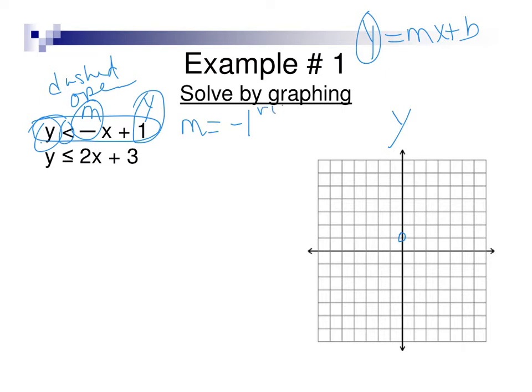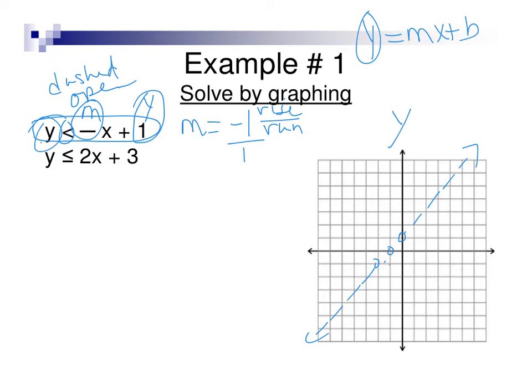And I need my rise over my run, so I'm going to put it over 1, because negative 1 over 1 is negative 1. So what that means is I fall down 1 and I go over 1. So this is basically a sketch of what my line looks like, and it is a dashed line with open dots.